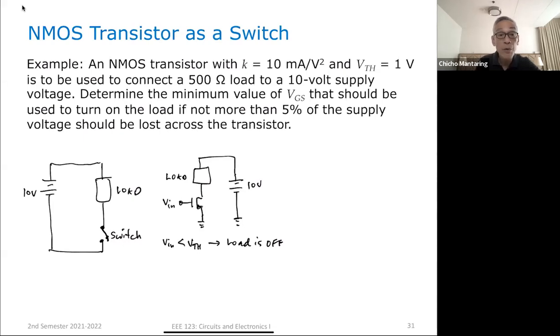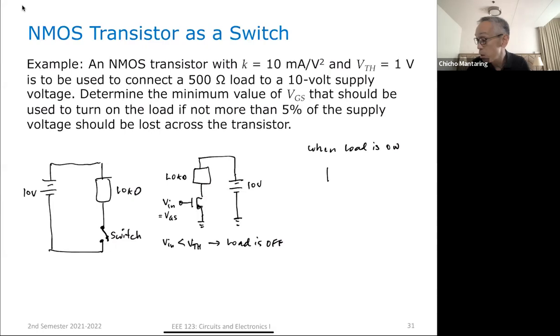Now, the problem is this. Determine the minimum value of VGS. So in this particular case, Vin, which is equal to VGS, determine the minimum value of VGS that should be used to turn on the load if not more than 5% of the supply voltage should be lost across the transistor. So when the load is on, what do we have?